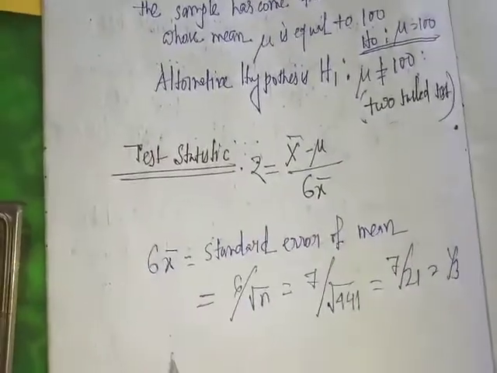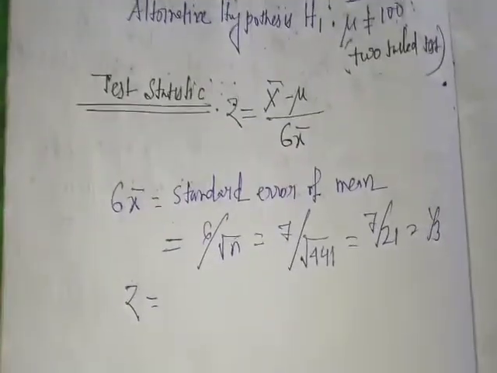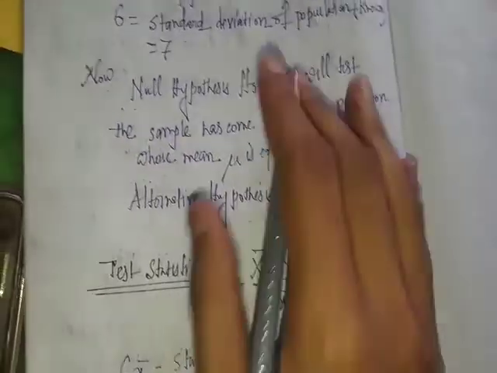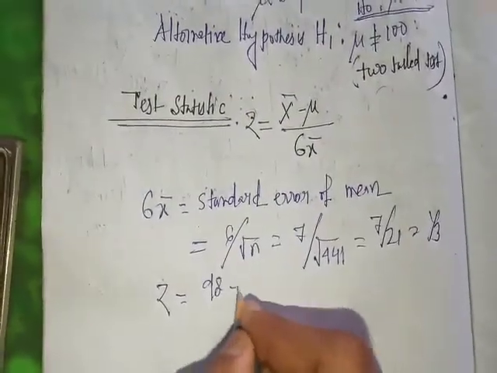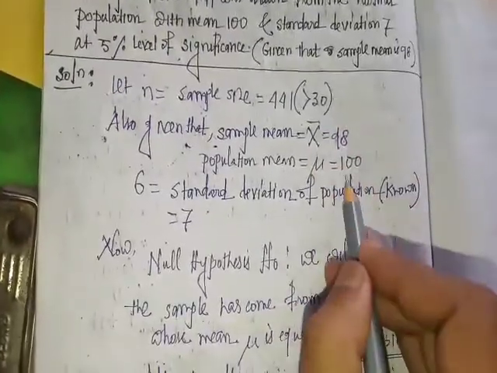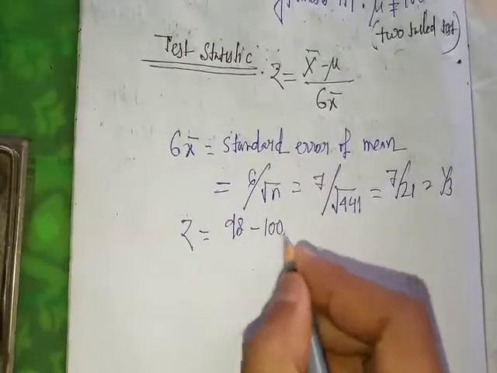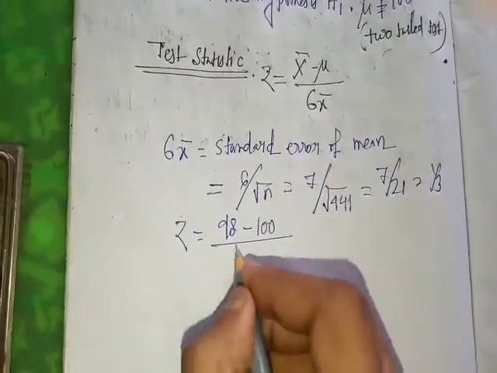So the value of z is x bar, 98, minus mu, 100, divided by sigma x bar, which is 1/3.